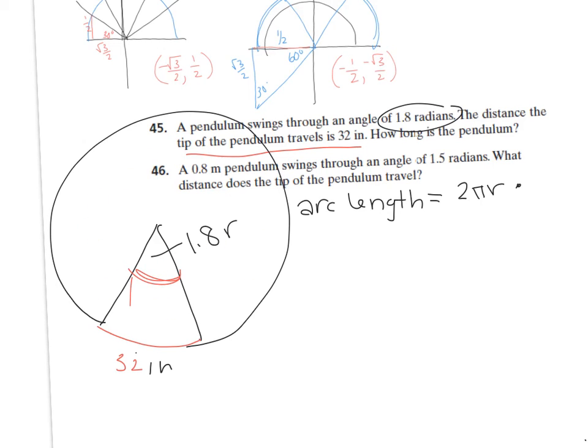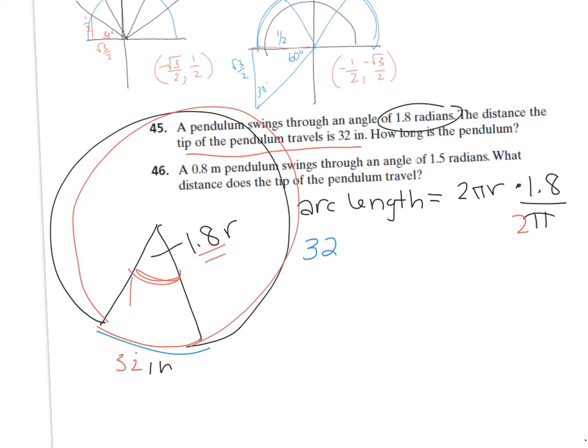But this is in radians, so I'm going to do 1.8 and divide it by, actually 2 pi, because the whole thing is 2 pi around. And it's in radians, so that's why if it was pi over 3, you would just do pi over 3 divided by 2 pi. But we know the arc length is 32, so I have 32.